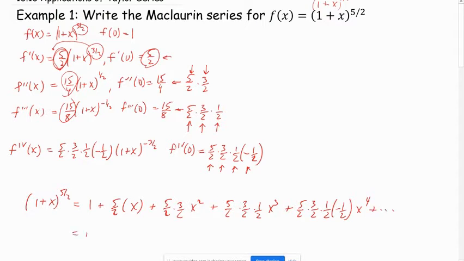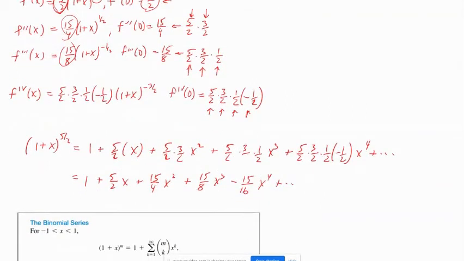Of course we could simplify that, but by simplifying we don't see the pattern we were looking for with the coefficients. Simplified, it would look like this: 15 fourths x squared, 15 eighths x cubed, and negative 15 sixteenths x to the 4th, and so on.